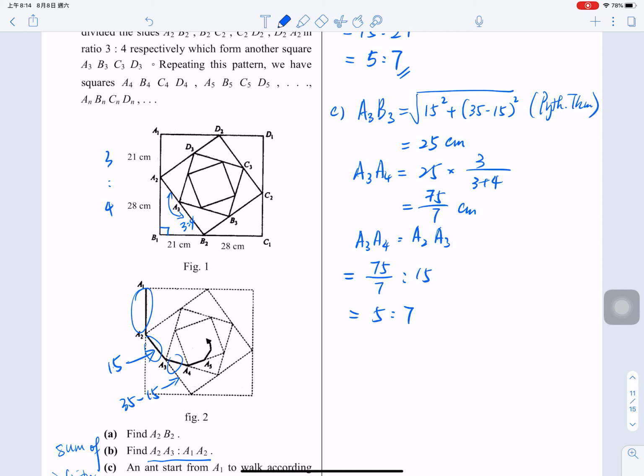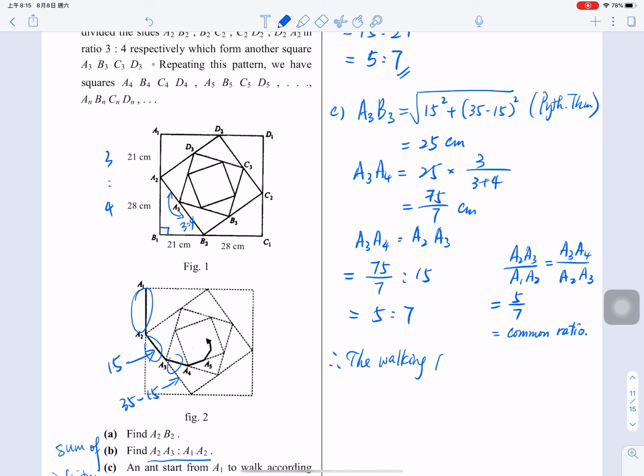That means again A2, A3 over A1, A2 equals A3, A4 over A2, A3. Both equal 5/7. That means it's the common ratio, right? So stay here.